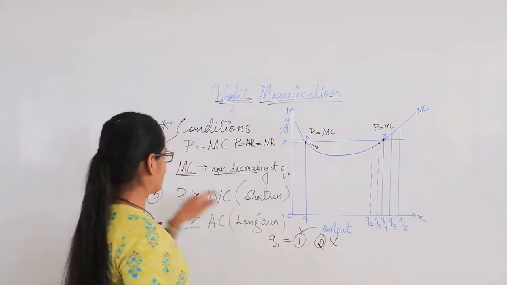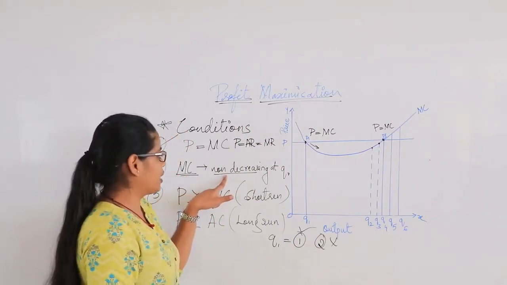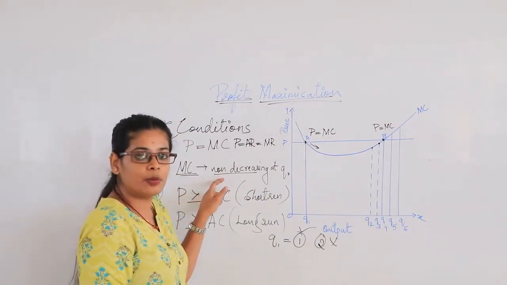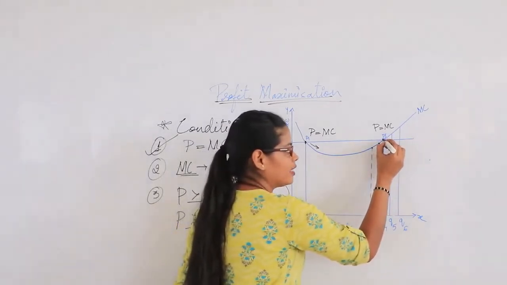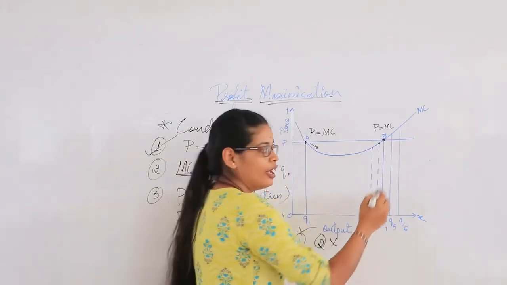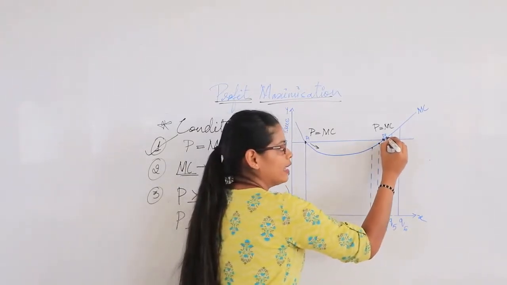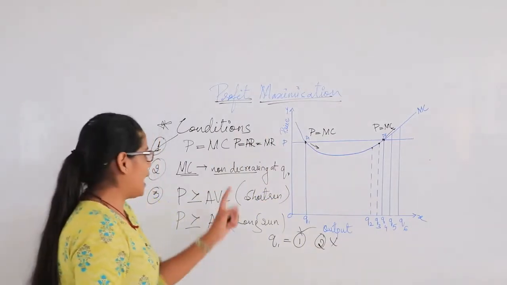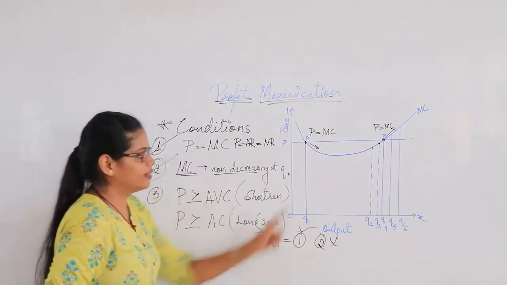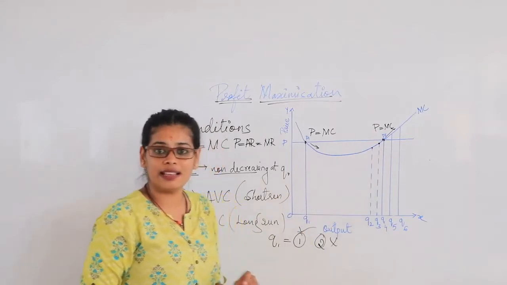Next, they are talking about MC being non-decreasing. If you see the curve's nature, it is increasing, upward increasing.